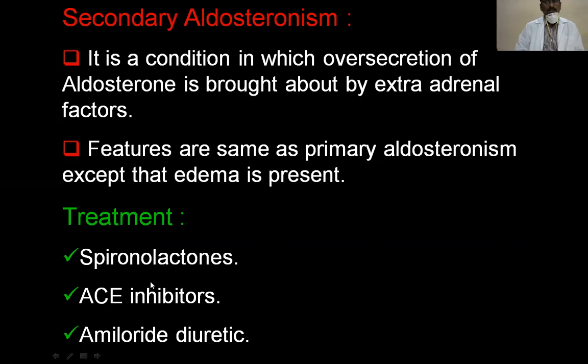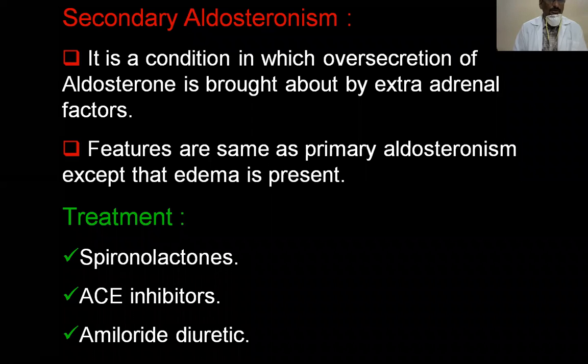They are called potassium sparing diuretics, spironolactone as well as amiloride, or it can be treated by ACE inhibitors. ACE is an enzyme, angiotensin converting enzyme. Whenever we use ACE inhibitors like captopril, lisinopril, etc., they inhibit the formation of angiotensin 2.